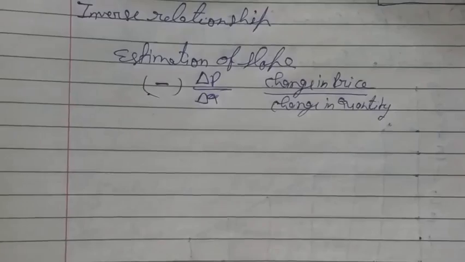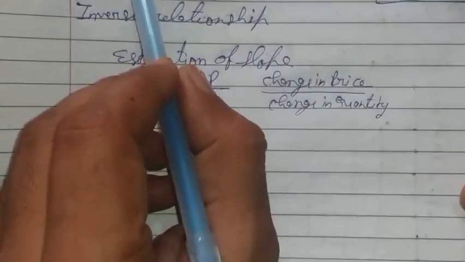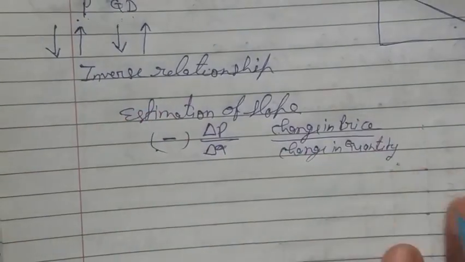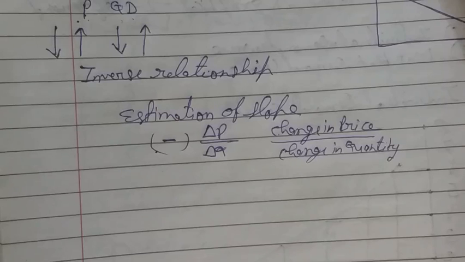So this is one thing, that the quantity demanded depends upon the price. Are there any other aspects on which the demand depends?